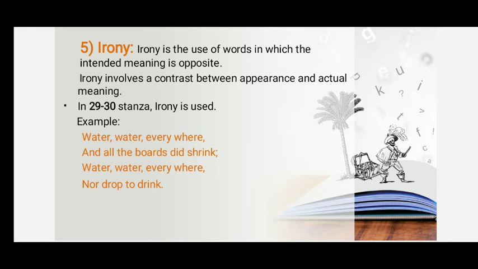Irony involves a contrast between appearance and actual meaning. In stanzas 29-30, irony is used. Example here: water, water everywhere, and all the boards did shrink. Water, water everywhere, nor any drop to drink.